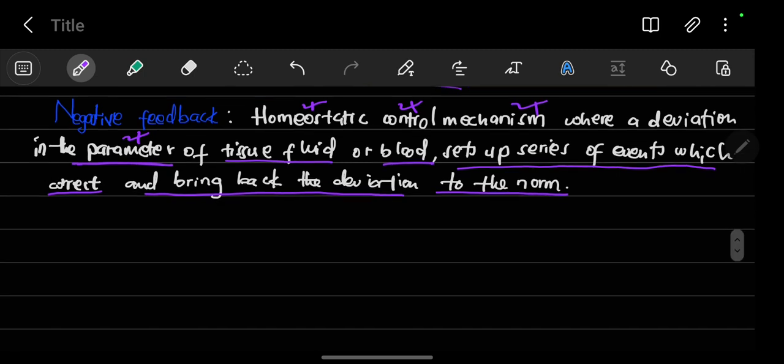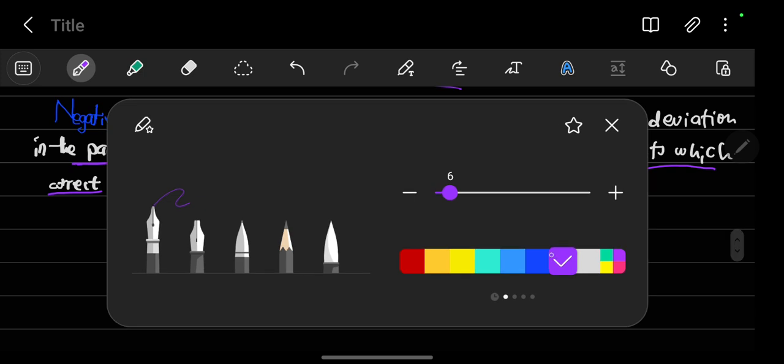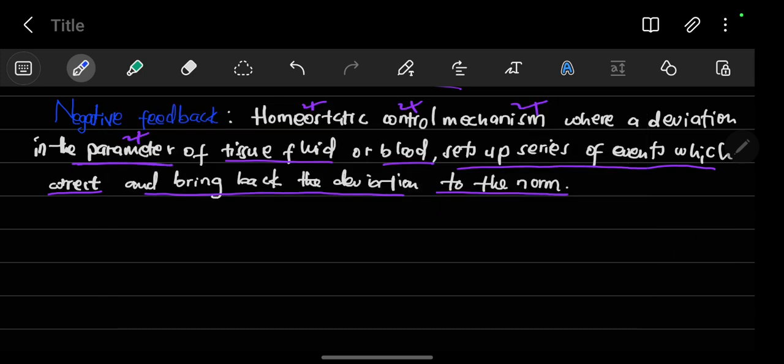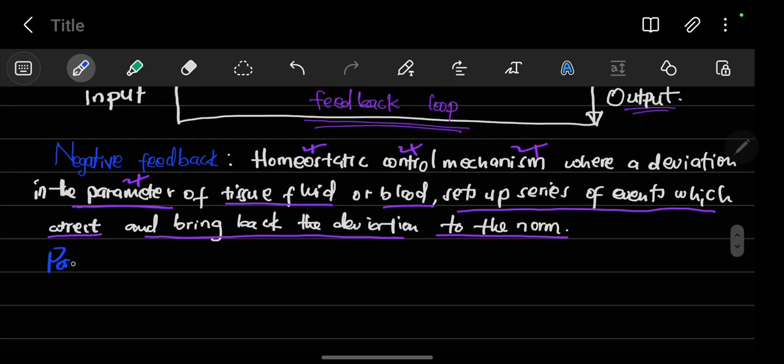Then we have the other part, which is the positive feedback mechanism. So this one is positive feedback.